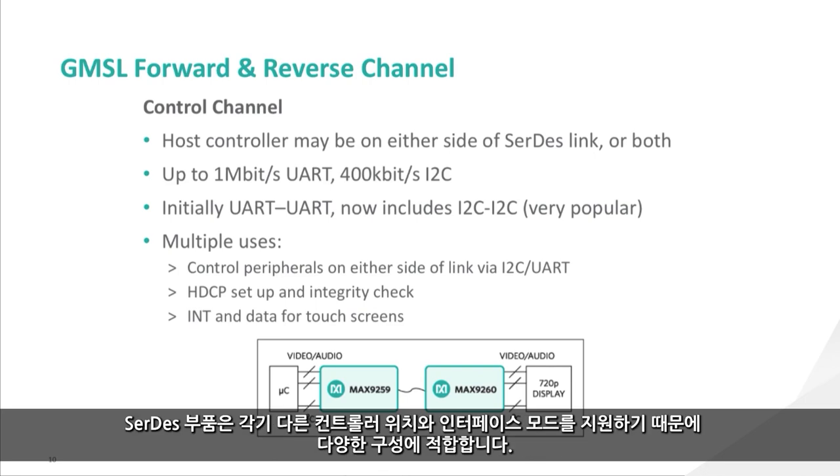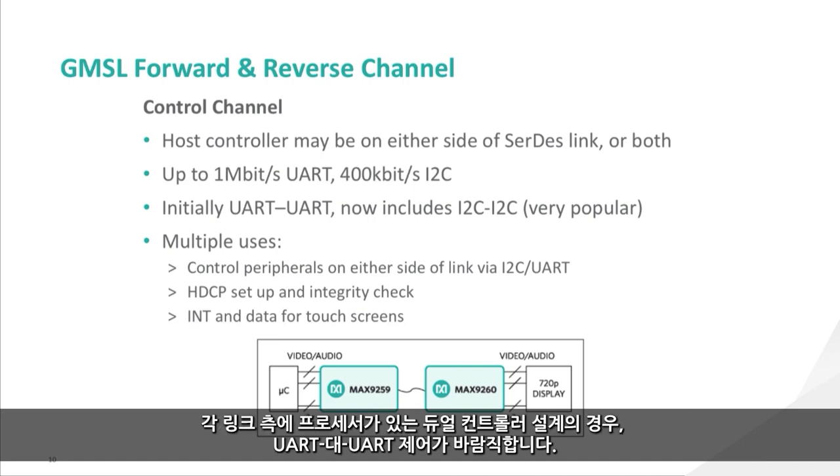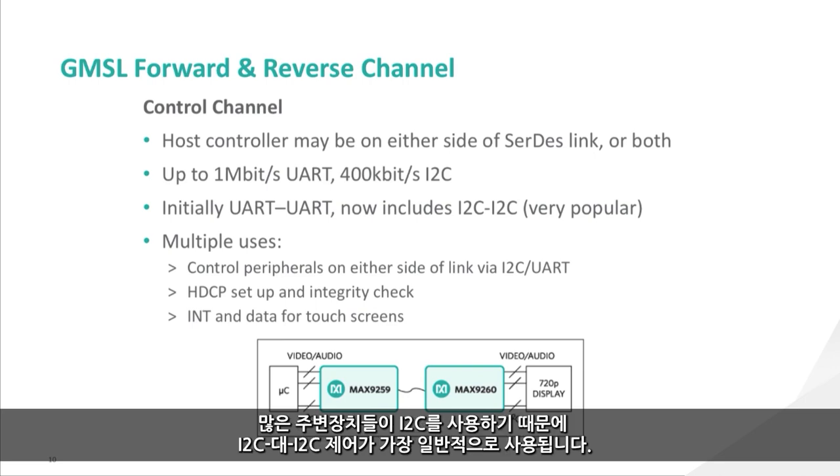Allowing different controller locations and interface modes makes SerDes parts suitable for a wide variety of configurations. In dual controller designs, with a processor on each side of the link, UART to UART control is preferable. Since many peripherals use I2C, I2C to I2C control has become the most popular.